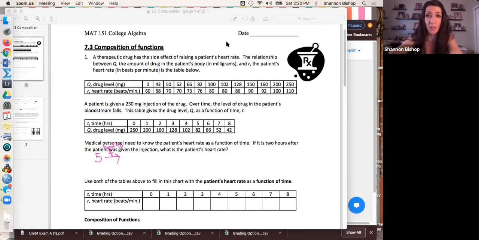Remember that notationally speaking, the input always goes inside the parentheses.